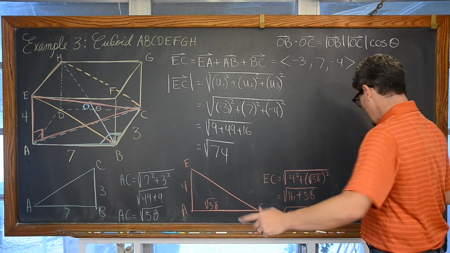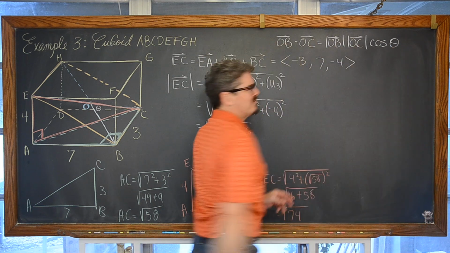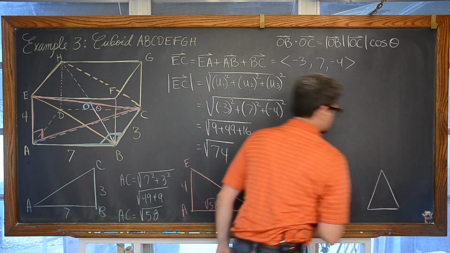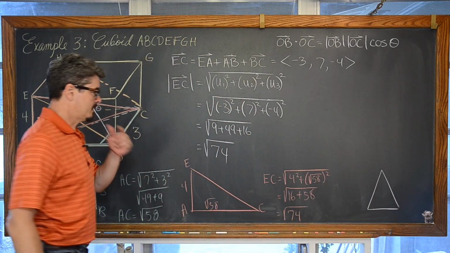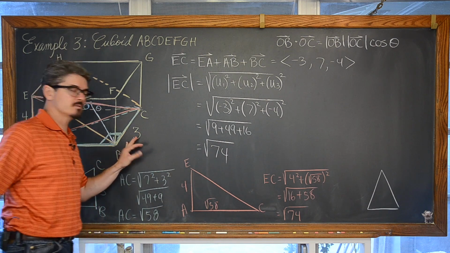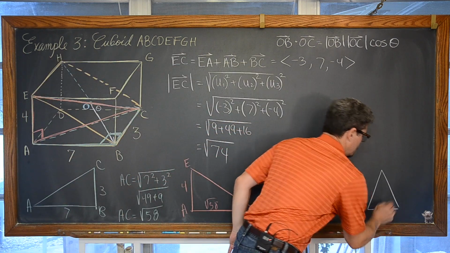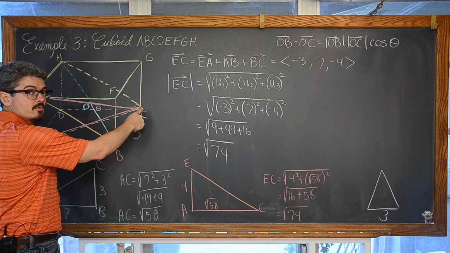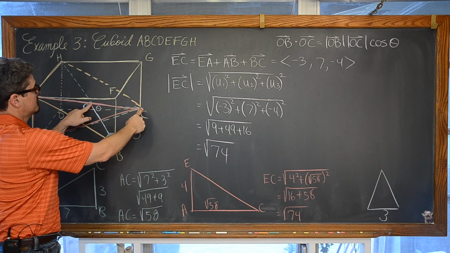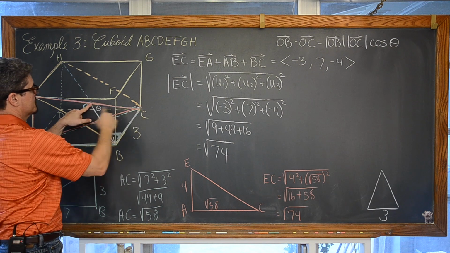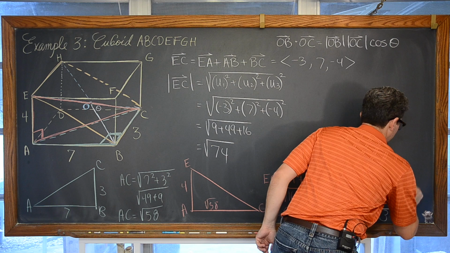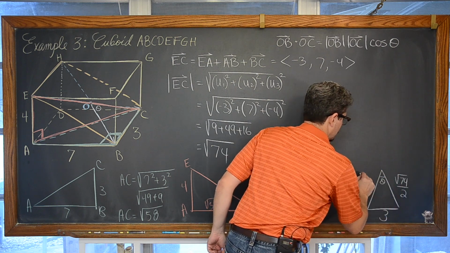Now, going back to the fact that we're trying to find the dot product of OB and OC, well, now we know that the base there is 3. And since this entire length of EC is the square root of 74, and these diagonals are going to bisect each other, each of these legs is equal to the square root of 74 over 2.